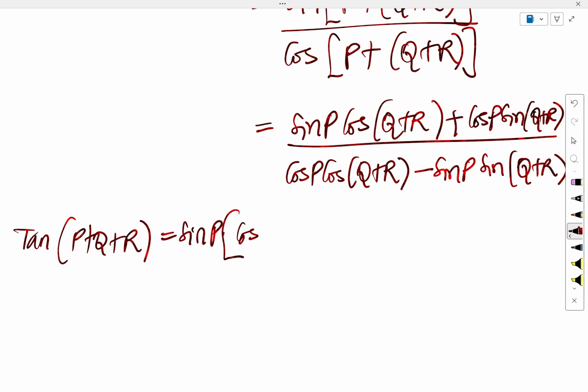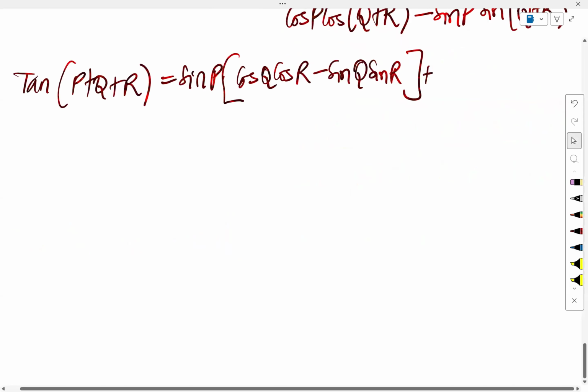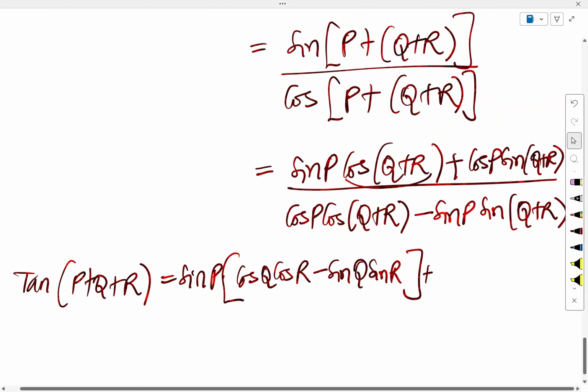We have cos Q cos R minus sine Q sine R. That's for this part now, cos(Q+R), talking about cos(A+B). So that's cos Q cos R minus sine Q sine R. And then you come here and let me take it up. I think it's better to have it down here.